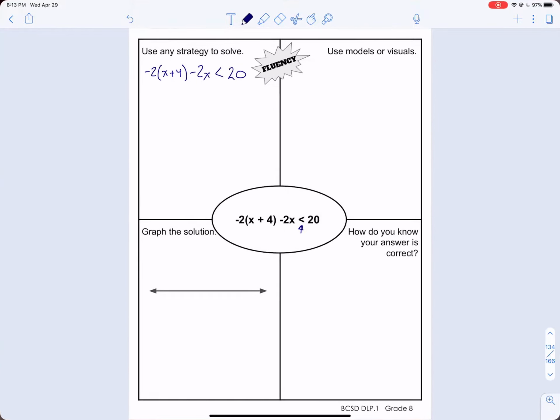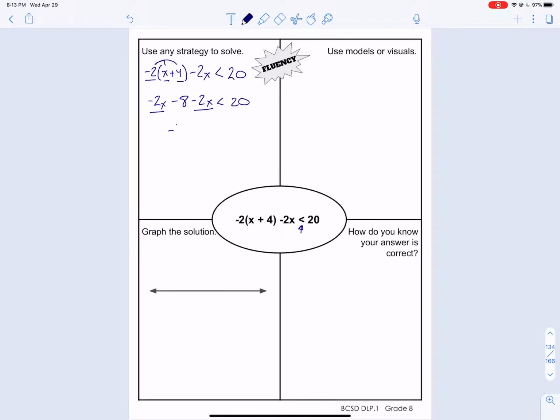So first step is distributive property, right? Take -2 times x, and then -2 times 4. That'd be -2x minus 8 minus 2x is less than 20. Combine like terms.